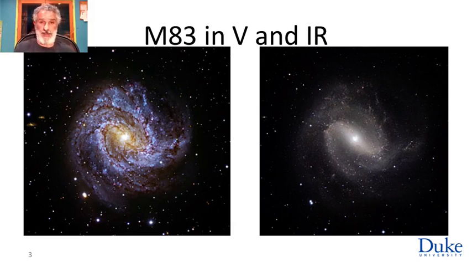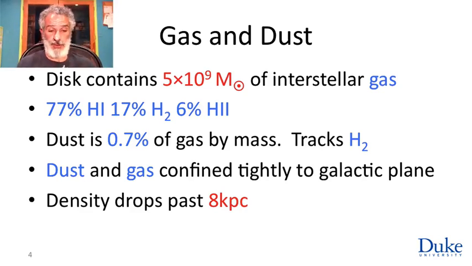Other than that, the disk, of course, is the location of most of the gas and dust in the inner galaxy. As we said, the gas is only 5 billion solar masses, so something like 7 or 8% of the mass of stars in the disk exists in the form of gas.